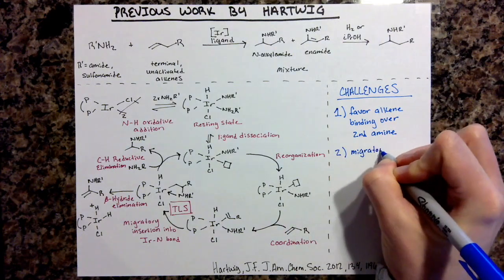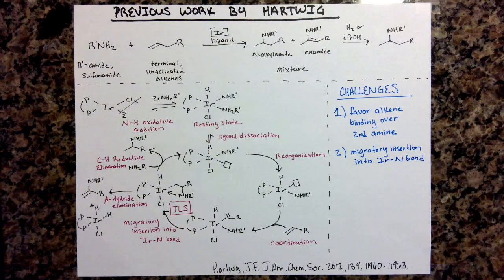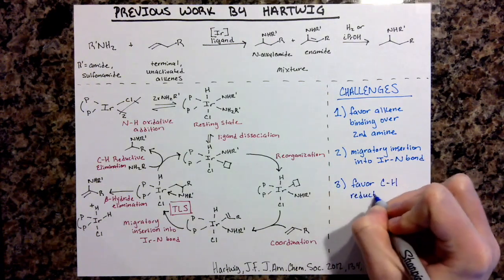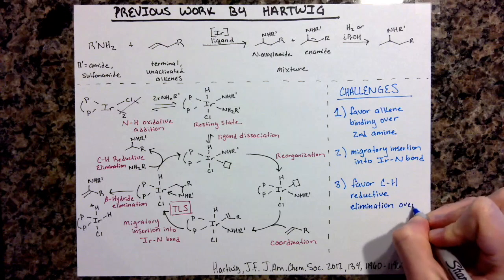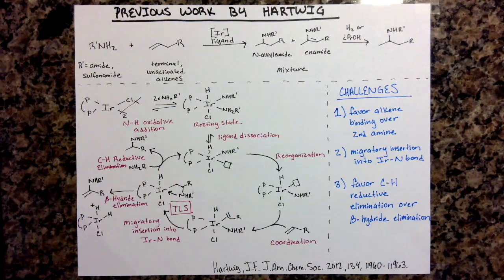Challenge number two is that migratory insertion into the amido bond must outcompete migratory insertion into the hydride ligand because that would lead to alkene isomerization and can give a wide variety of products that you don't want. And finally, after that migratory insertion, CH reductive elimination of the metal alkyl complex has to outcompete beta hydride elimination to avoid oxidative amination products.